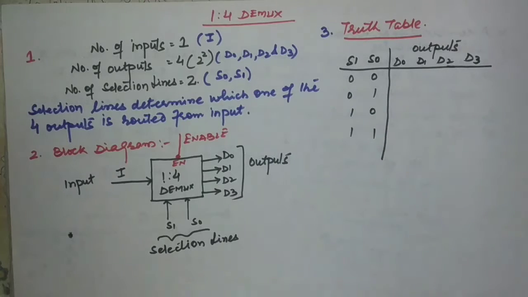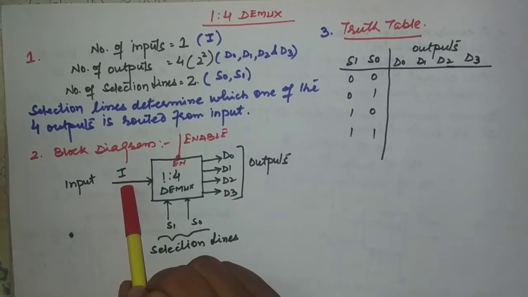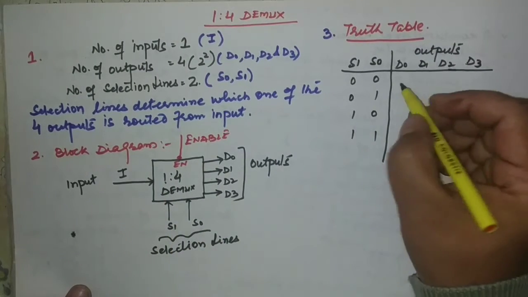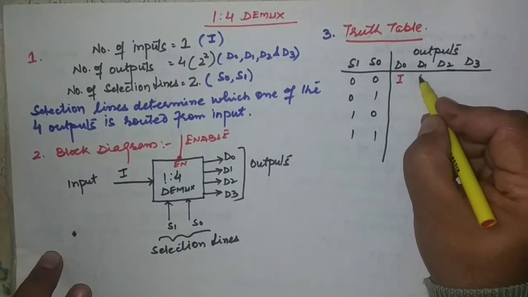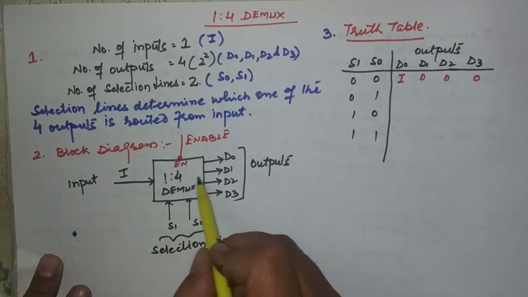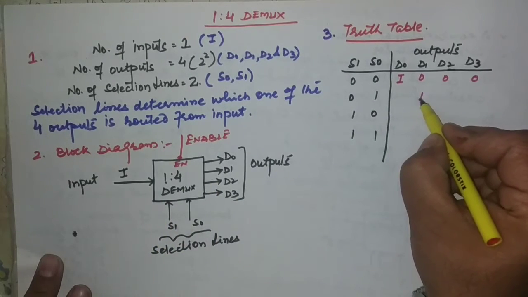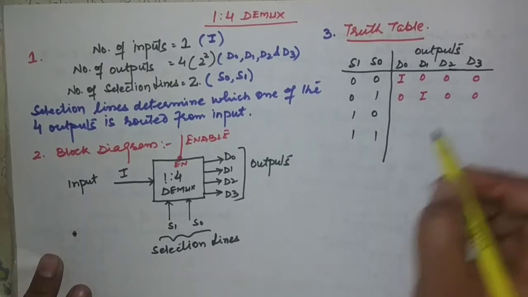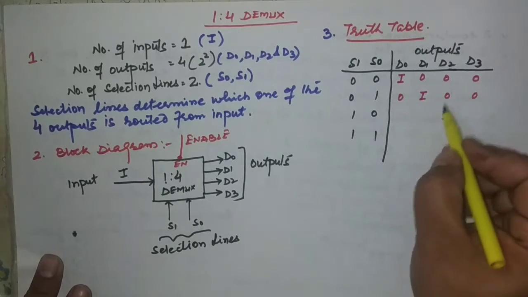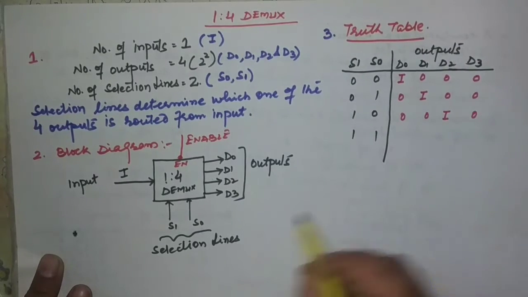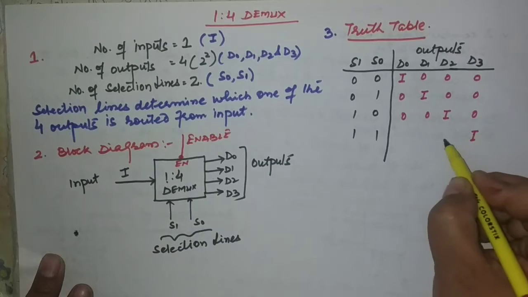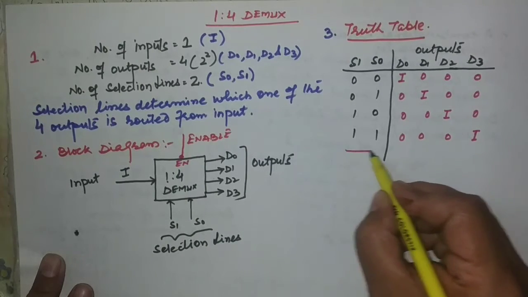When the combination is 0 0, the input I will be routed through D0, and the others are not used. When 0 1, I will be routed through D1, not by others. When 1 0, the input will be routed through D2, not by others. And when 1 1, input I will be routed through D3 and not by others.